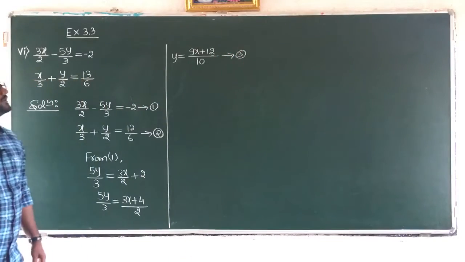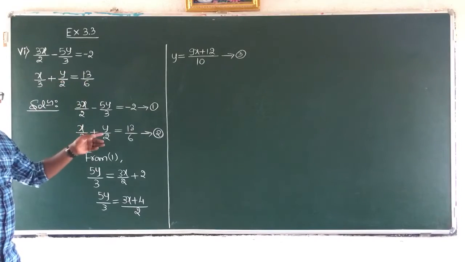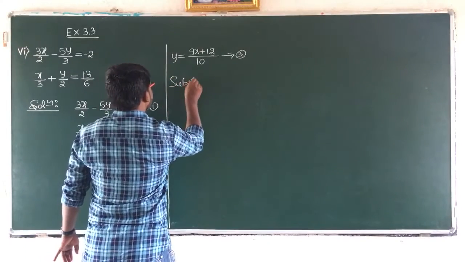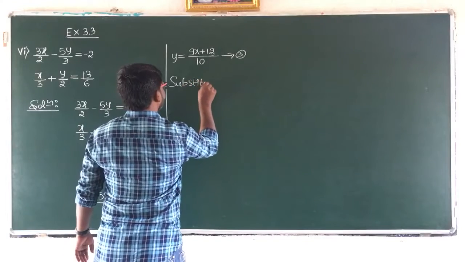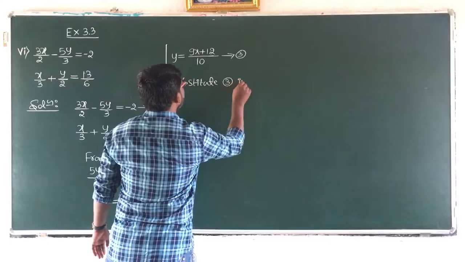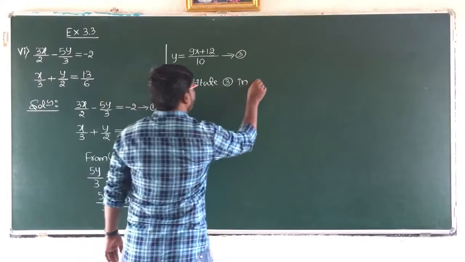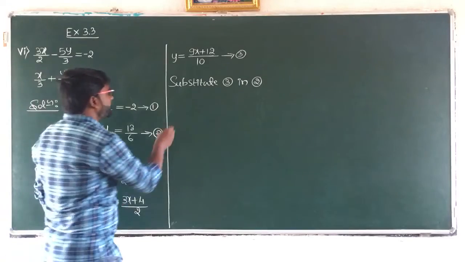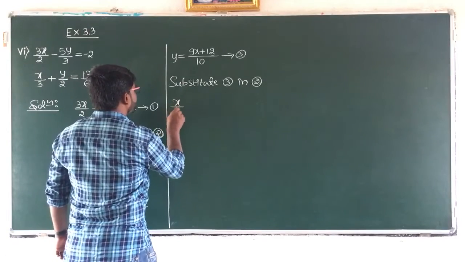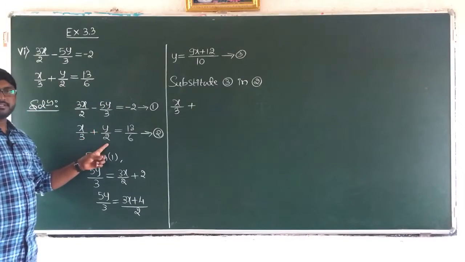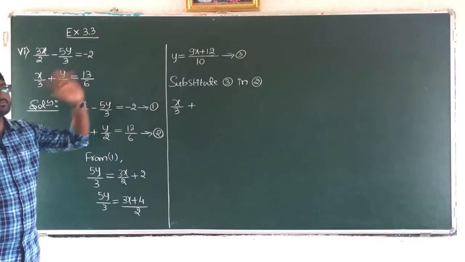Now substitute equation 3 in equation number 2. So substitute equation 3 in equation 2. So now see here, x by 3 must be written as it is, x by 3 plus, I write 1 by 2 as it is, and then in place of y I write equation 3.